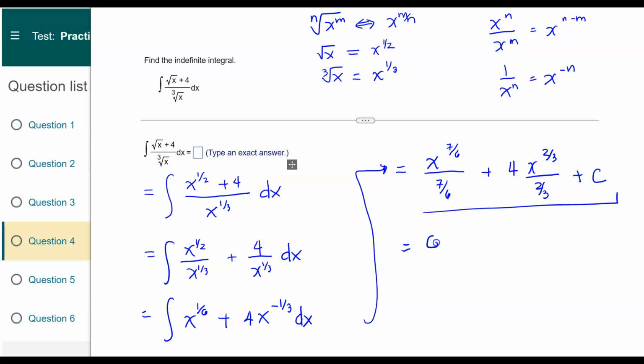You can do 6x to the 7/6. You can write it in exponential form, or you can write it using radical expressions.